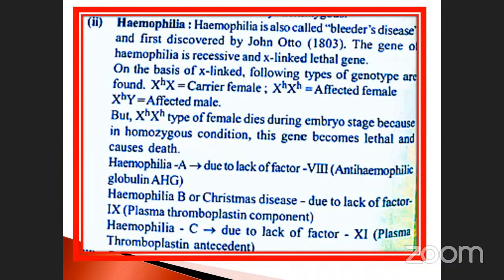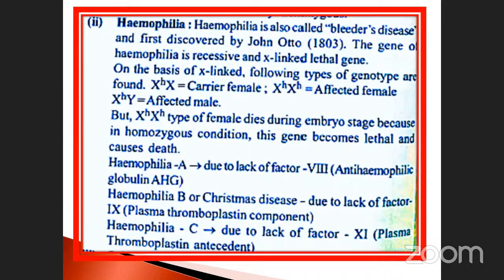The Christmas factor is also called plasma thromboplastin component. And the last one is hemophilia C type, due to the lack of the 11th factor. Already we discussed the 8th one, 9th one, and 11th one. The 11th factor is called plasma thromboplastin antecedent.